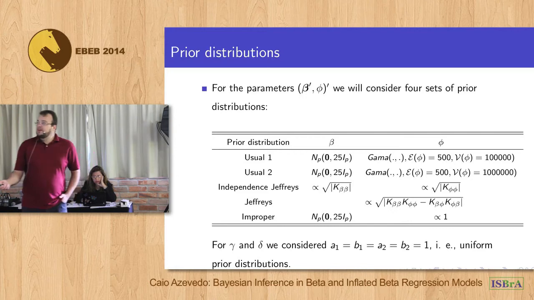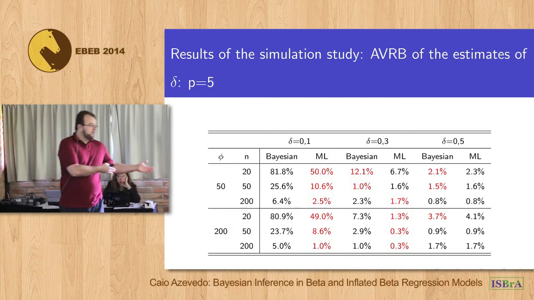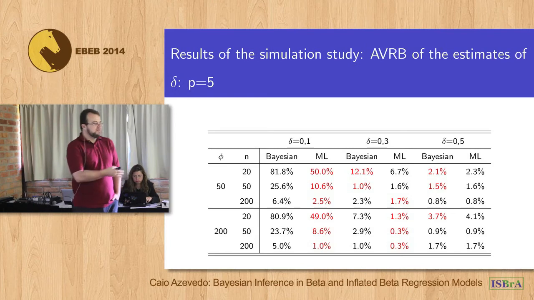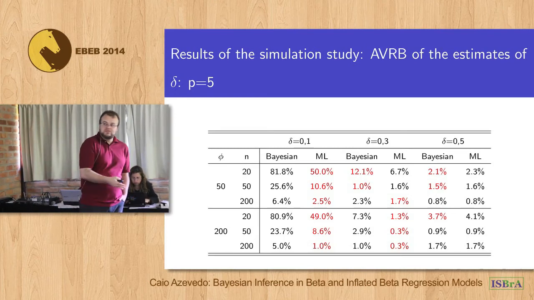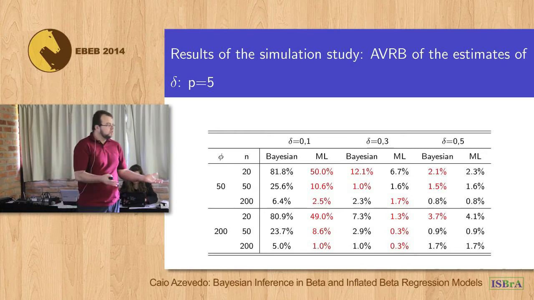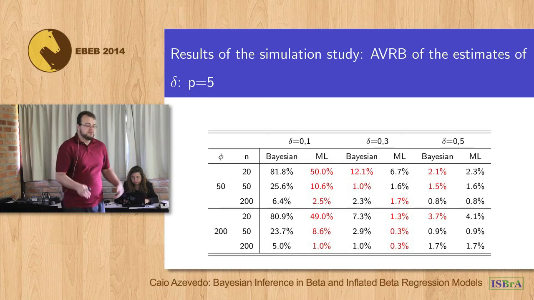So in some sense we are saying that the maximum a posteriori estimates are better than the expectation a posteriori estimates. So again we have that the Bayesian estimates presented the most accurate results. But in this case it's better to use the maximum a posteriori instead of the expectation a posteriori.